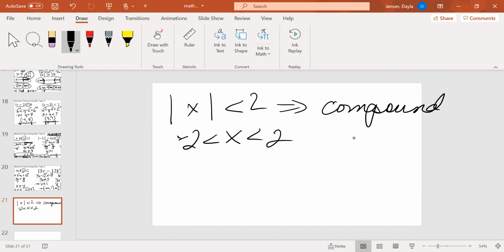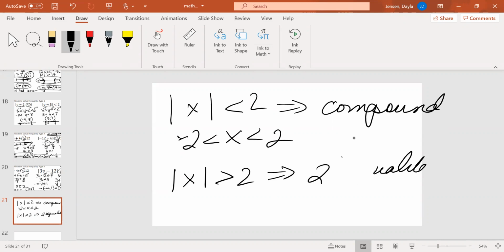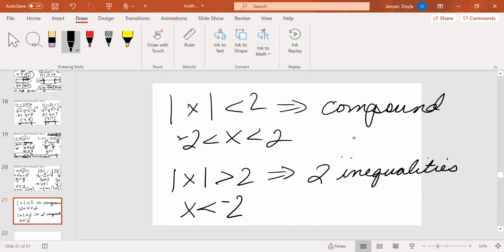If my absolute value is greater than, then I have two inequalities. Oh, goodness, I can't even write. What does that say? Inequalities. So x is less than -2, for example, and x is greater than positive 2.